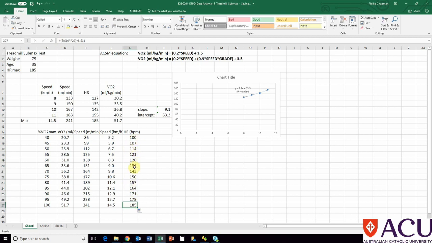So if he's got a Fitbit, an Apple Watch, Samsung Gear, whatever, any device that measures heart rate, you can use that to set training zones. So again, if we wanted our 60 to 70% of VO2 max, exercise between 128 and 143 beats per minute. Stay within that zone and you'll be getting a fairly vigorous workout and pretty good physiological adaptations.